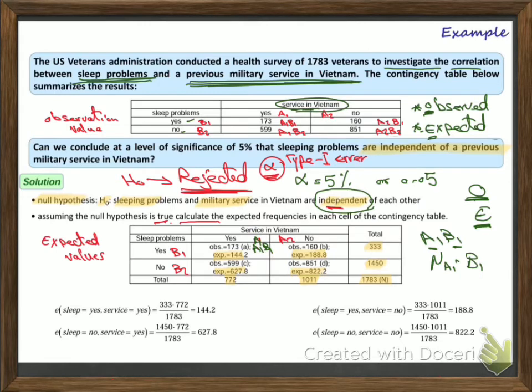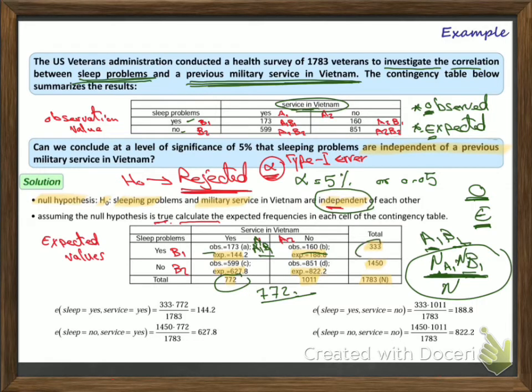So here, the expected value will be equal. Our cell is A1, B1. So it will be the number in A1 times the number in B1, divided by the total number, okay? So what is the number in A1? This is the number 772, times the number of B1. What is B1?